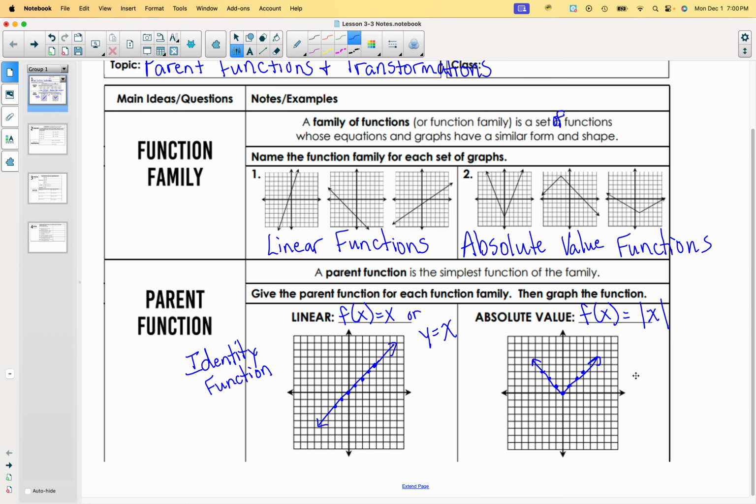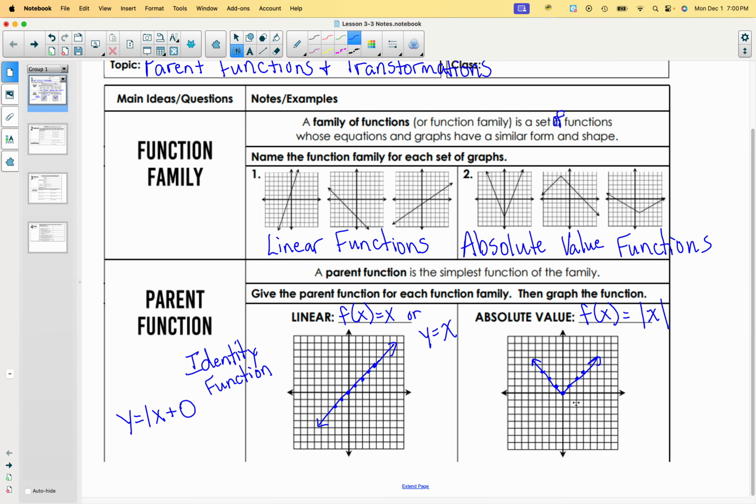So these are our two basic parent functions, or parent graphs, for a line and an absolute value. Now, you know that this has a slope of 1. If we put it in slope-intercept form, the slope is 1, the y-intercept is 0. So with a slope of 1, you know you're going to go up 1 over 1, up 1 over 1, up 1 over 1, because that's the rise over run.